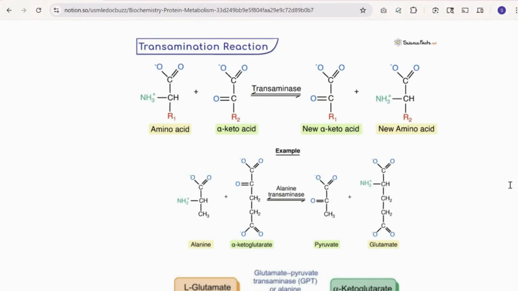The first thing is you need an amino acid, and you need one type of alpha keto acid, right? Now, transamination takes one of the amine groups, gives it to the other group, ends up making a new alpha keto acid from one backbone, and ends up making a new amino acid from a different backbone, right?